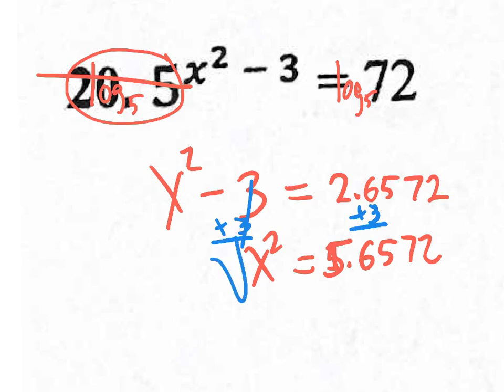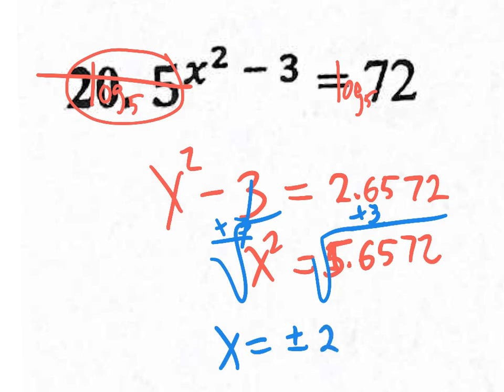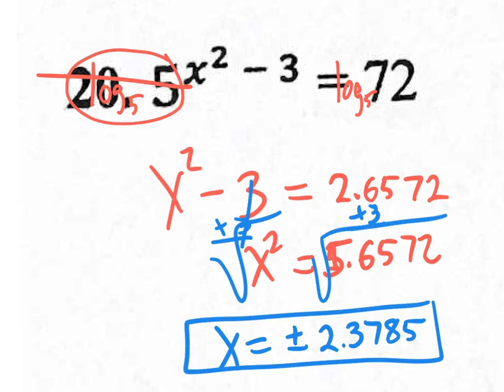So let's square root it and square root it. And again, the calculator does it all. Square root of 5.6572, hit equals, get your final answer. X equals plus or minus, because when you apply a square root in an equation, it's both positive and negative, 2.3785. So that should be the answer that you have.